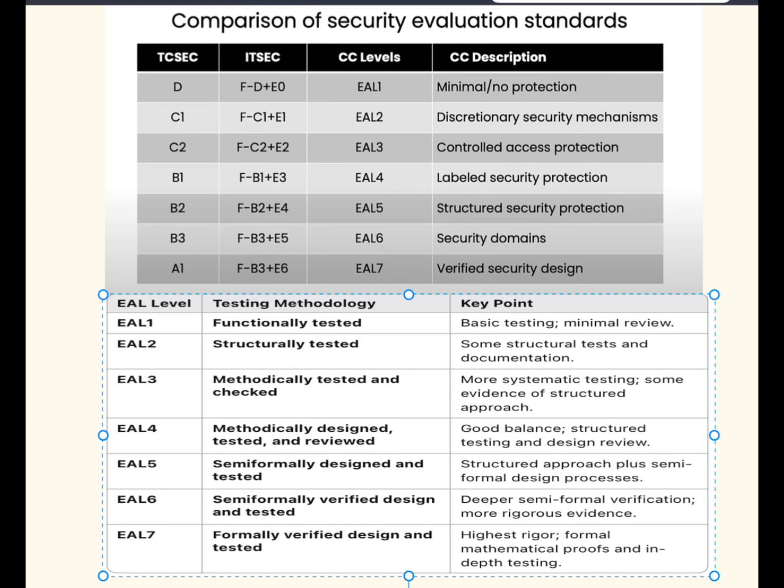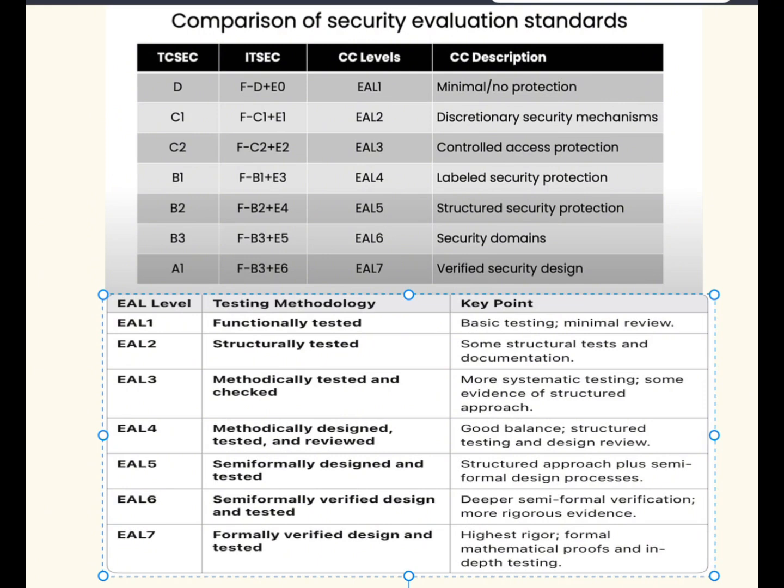This is a very important topic for the CISSP exam. We might repeat key points again and again. So let's get started.